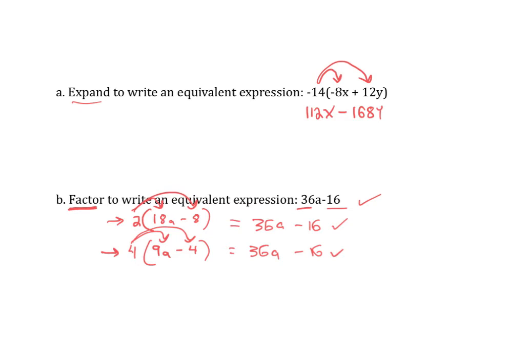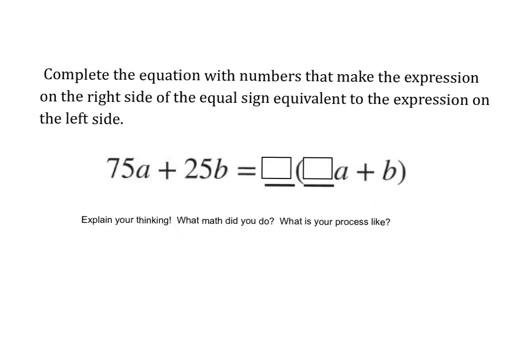Okay, so in this problem, again, we need to find the common factor. This time we're looking for the common factor between 75a and 25b. So some things I saw people do was see that 5 was a common factor.